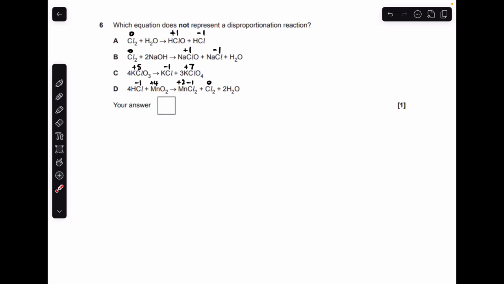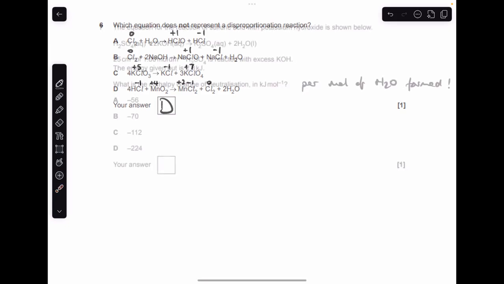Likewise in B. In C, it's gone from +5 to -1 and +7, so another disproportionation reaction. So D is the answer, because chlorine has been, well, nothing's happened to it there, but it's been oxidized up to 0 from -1 there, and then the manganese has been reduced from +4 to +2. So option D was the answer.